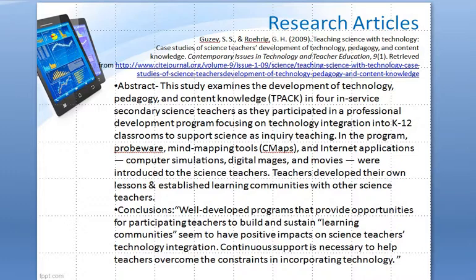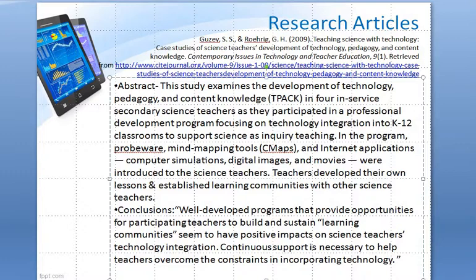In the program, ProWare, mind mapping tools, and internet applications, such as computer simulations, digital images, and movies were introduced to the science teachers. Teachers developed their own lessons and established learning communities with other science teachers.